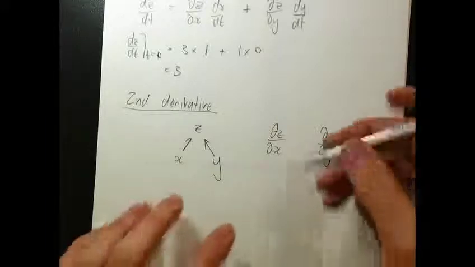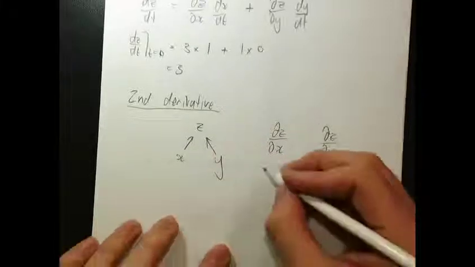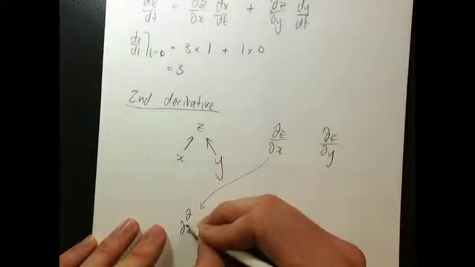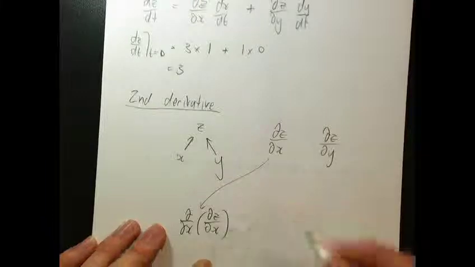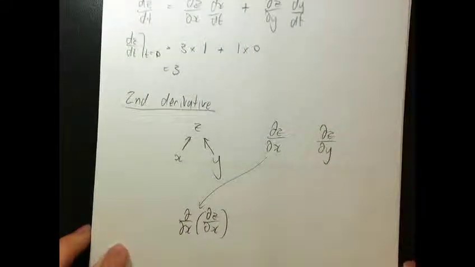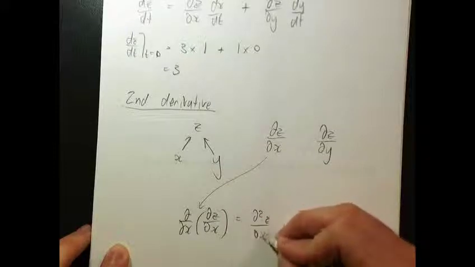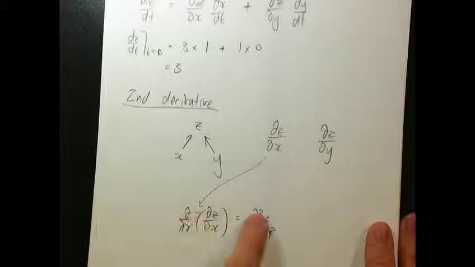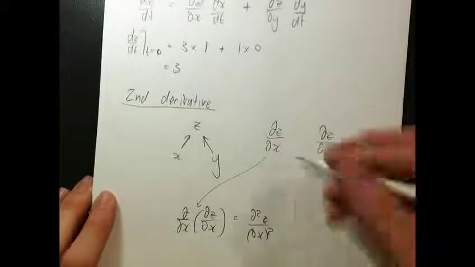You can imagine doing d on dx of dz on dx, which gives you d squared z on dx squared. That's the literal notation: d times d is d squared and dx times dx is dx squared. It's fairly scrappy, but that's how they do it.